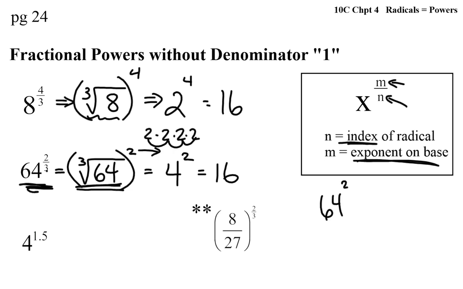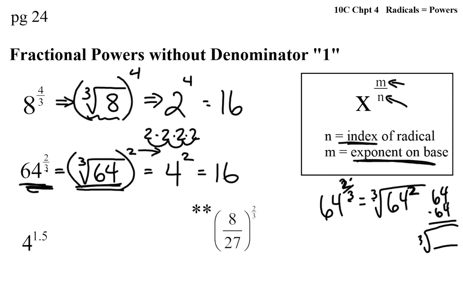Now, just to show you what I was talking about on the previous screen, if I did 64 to the 2/3, and chose to apply my square first and then cube root it, my bad. If I were to go 64 and square it, I still have my index of 3, but if I want to apply the exponent 2 to my radicand, I would have to have 64 times 64, and then cube root whatever that answer is.